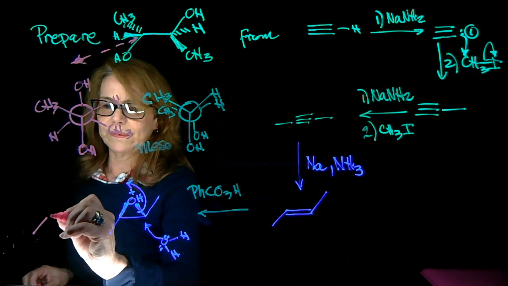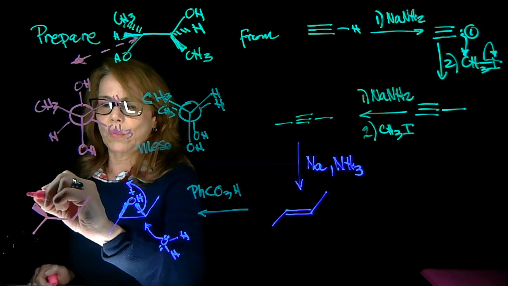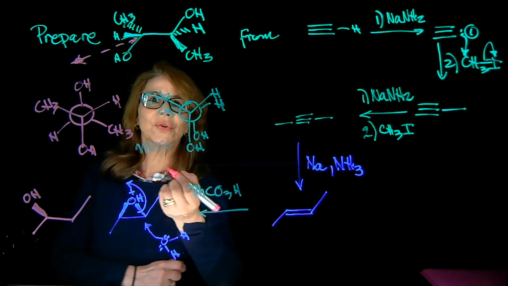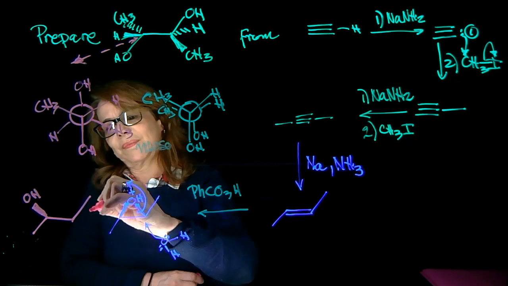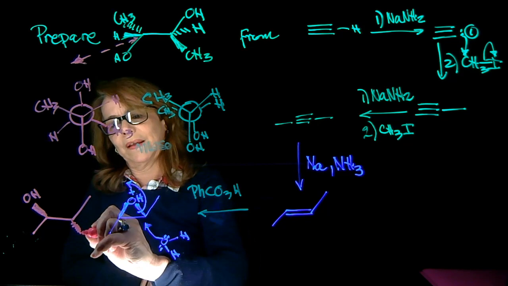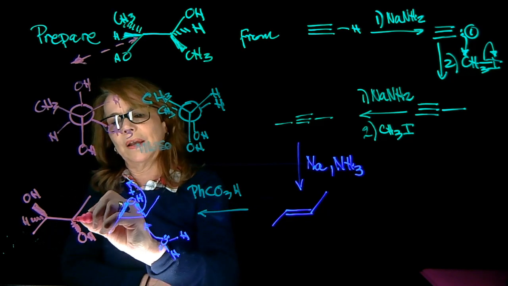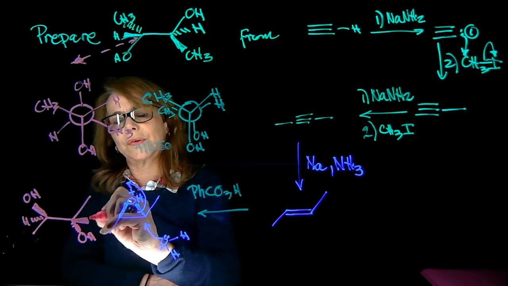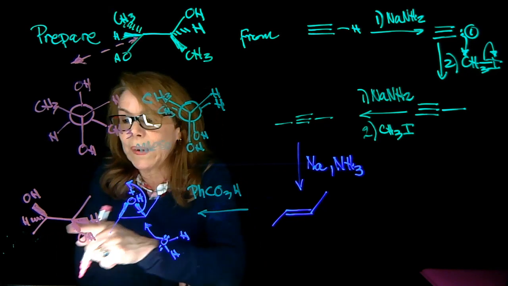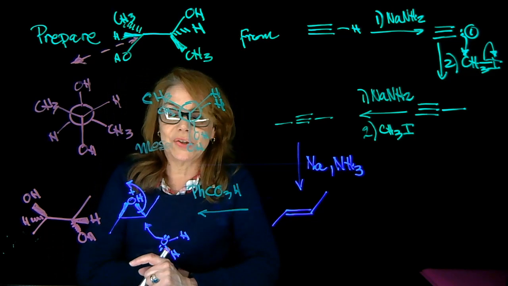So I have now the methyls, one OH here, and the other OH on the other side, and here I have H and H. This is our compound: the two methyls are opposite to each other and the two H's are opposite to each other.